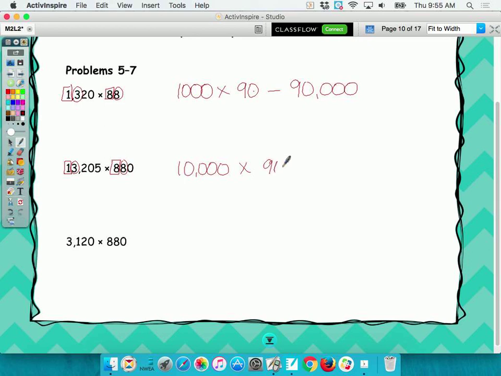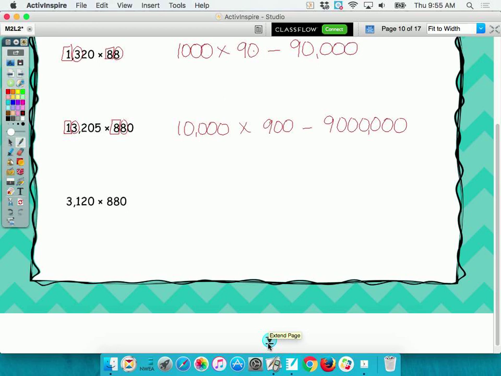This looks familiar. How many zeros? 6. Got to be able to count. 9 million. I want that amount of money. I think we all do.